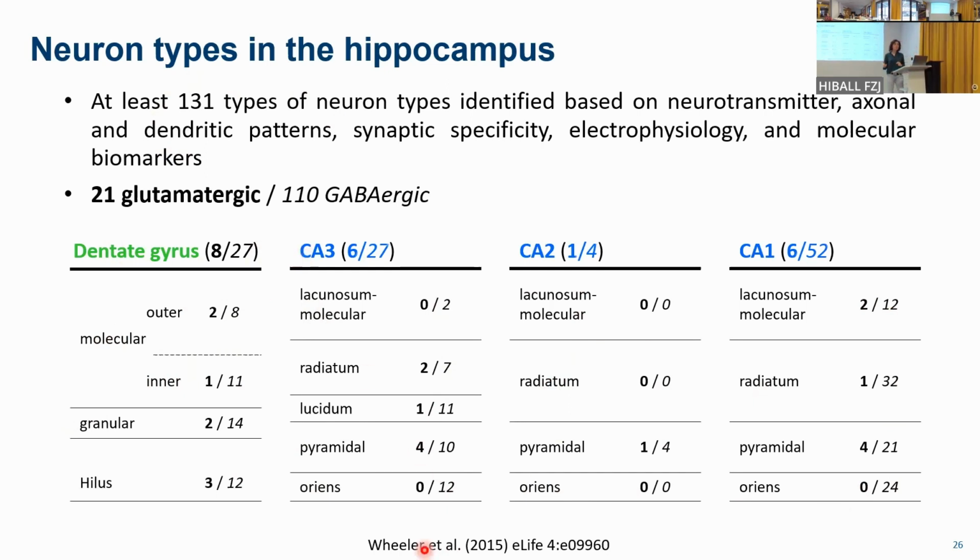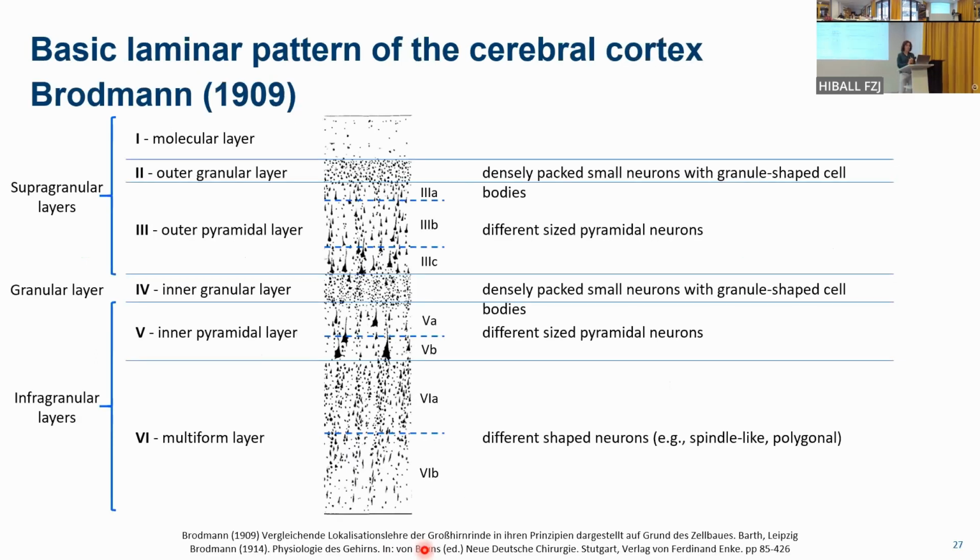That's not because I can't do my math. It's because some cell types appear in different layers or in different regions. So that's why they count basically twice, okay? Right, so you must be getting a bit fed up of seeing this slide. I just wanted to put it in the context of the next slide.